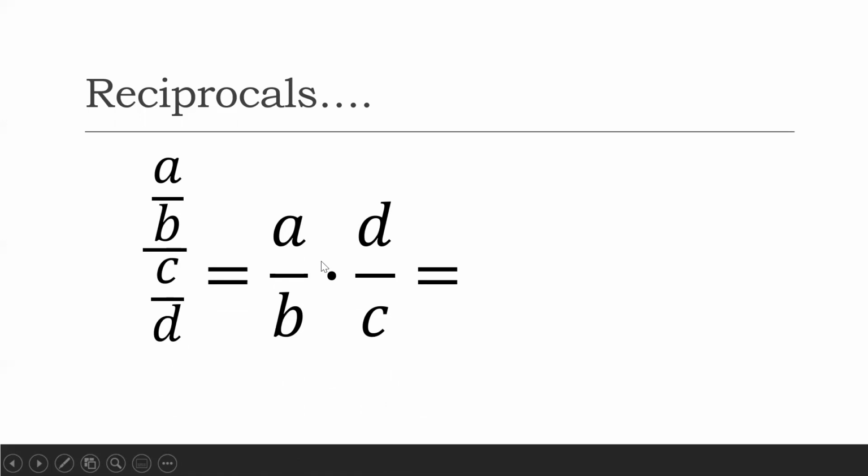You change division to multiplication, and then you multiply by the reciprocal. So instead of c divided by d, we're doing d divided by c, and then you multiply across. I was going to use numbers, but variables is easier. So you just keep, change, or whatever you guys remember from that.